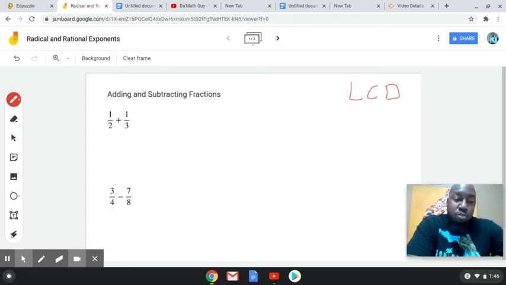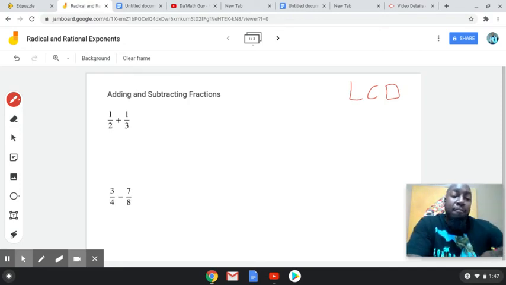If you look at the multiples of 2, you have 2, 4, 6, 8, 10, 12, 14, 16, 18, and it keeps going up from there. Look at the multiples of 3. You have 3, 6, 9, 12, 15, 18, 21, and it goes up from there as well.